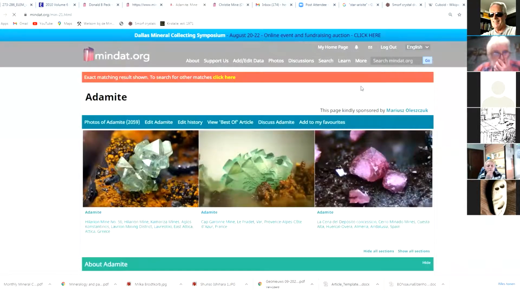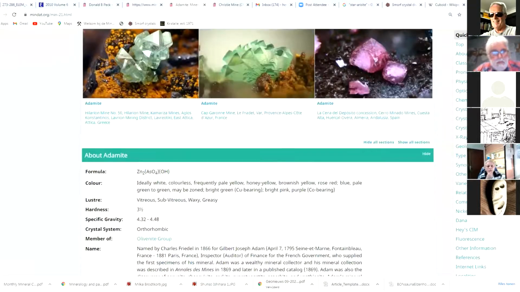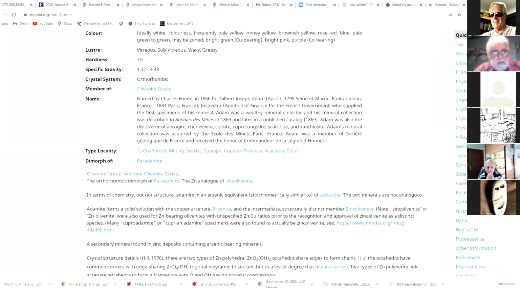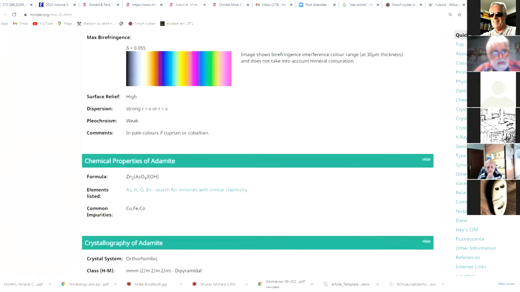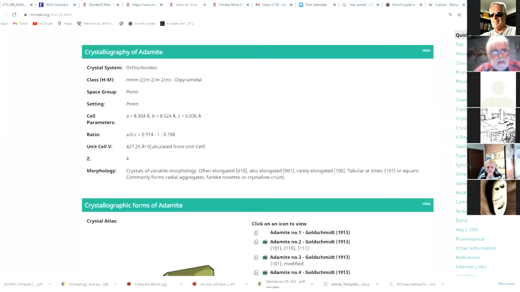So we have the mineral Adamite, and we go down until we get beyond physical and optical data, to chemical. Here you got the crystallography of Adamite. So Adamite is orthorhombic, and it has MMM, which is the highest symmetry in the orthorhombic crystal system. Here you get the cell parameters. You have a value for A, a value for B, and a value for C.